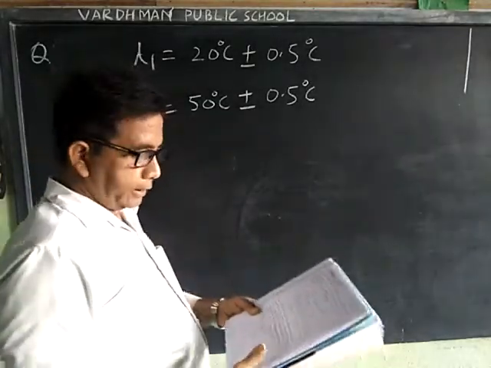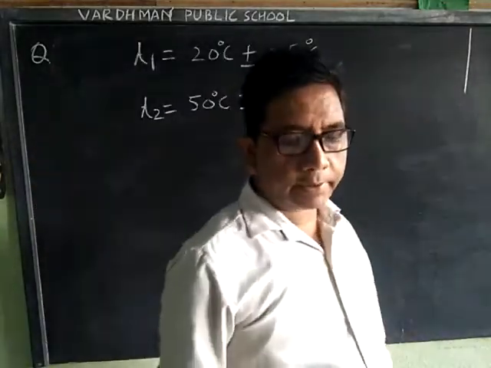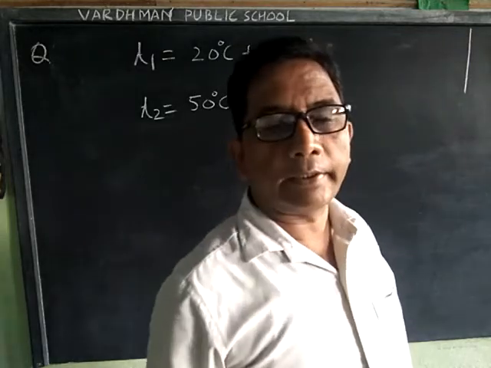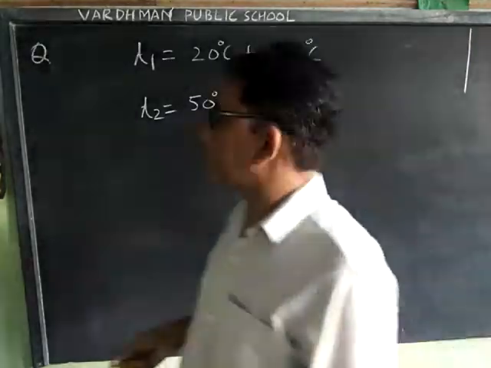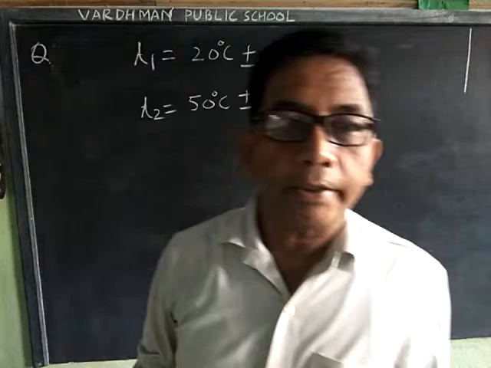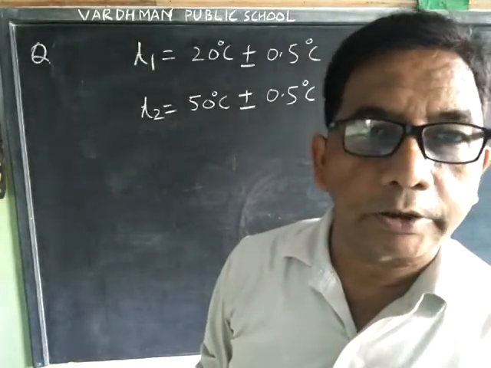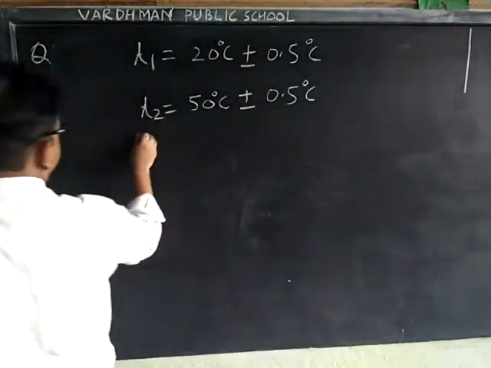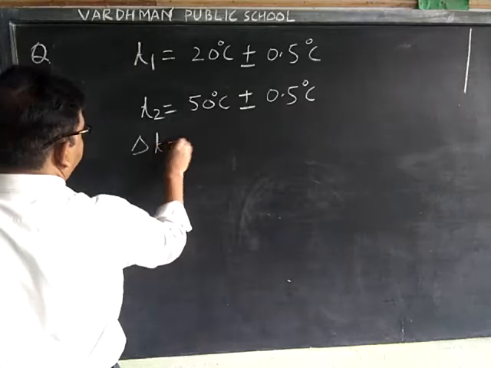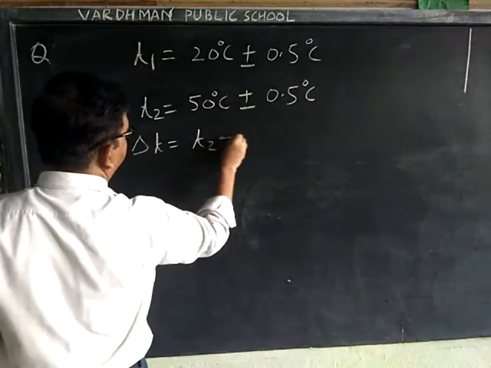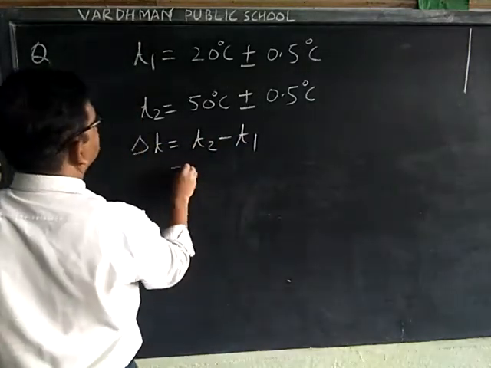You have to calculate temperature difference and error therein. Temperature difference delta T is equal to T2 minus T1.